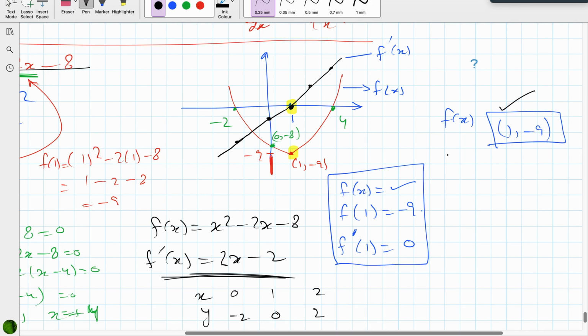What is actually the gradient at the turning point of anything? Not this question in particular, 0. The gradient is 0 at the turning point. So what is f'(x) actually? f(x) is the equation, so f'(x) is the gradient.